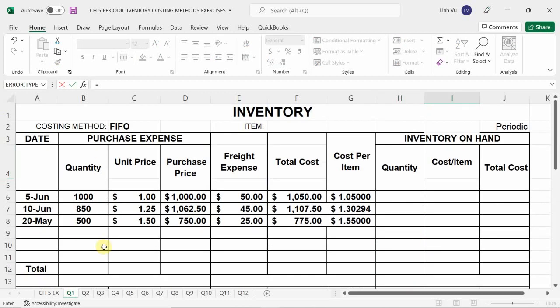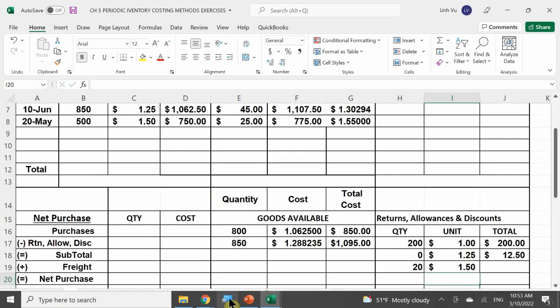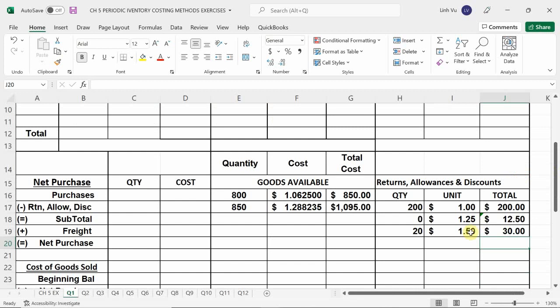Good. Since I'm getting a full refund, I'm getting my whole entire money back. So 20 times $1.50, $30 refund. Okay. Since I'm already here, let's go ahead and adjust my inventory before I record my journal.